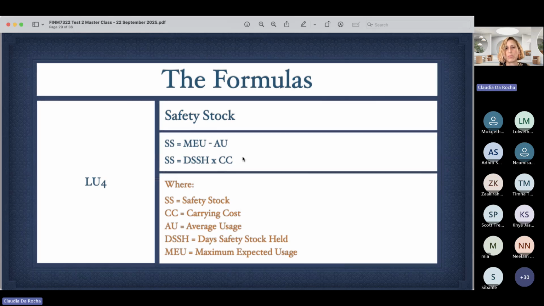Okay, so this is quite important, especially if they're asking you to calculate the impact of a change in credit terms on your suppliers. You look at your inventory. It's also a Learning Unit 5 concept, but it's also in Learning Unit 4 when you change the credit terms of your suppliers. And this is generally the formula that is used to take into account safety stock.